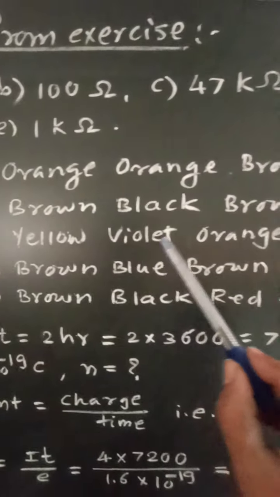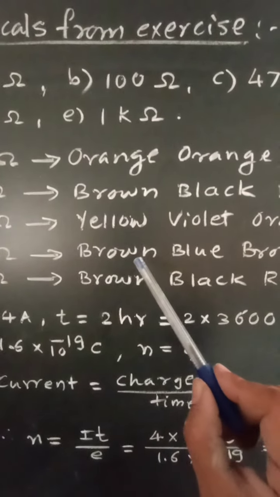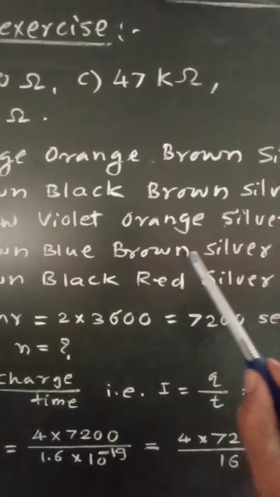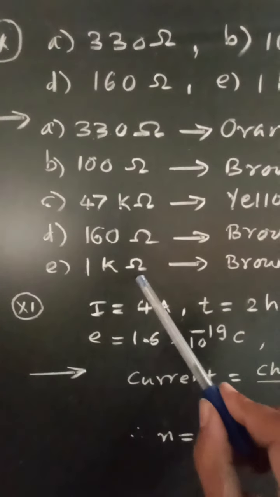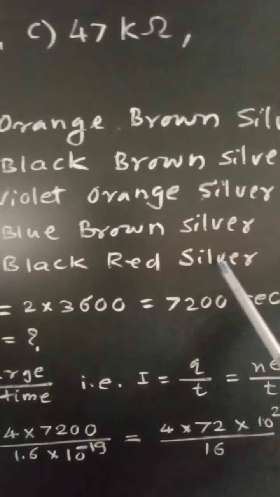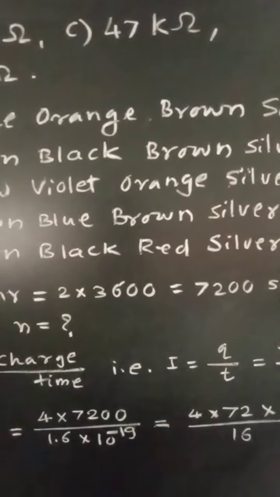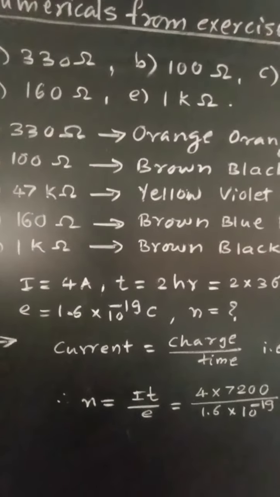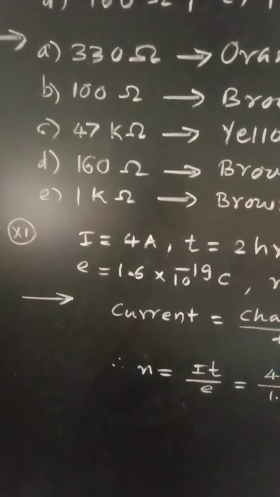Then D 160 ohm, the color code will be brown, blue, brown, silver. And for E 1 kilo ohm, color code is brown, black, red, silver.